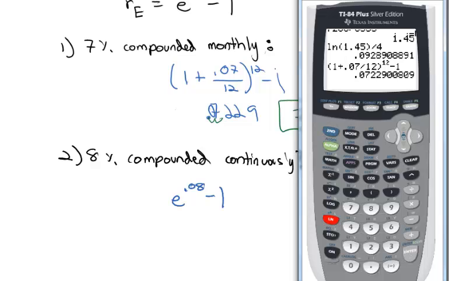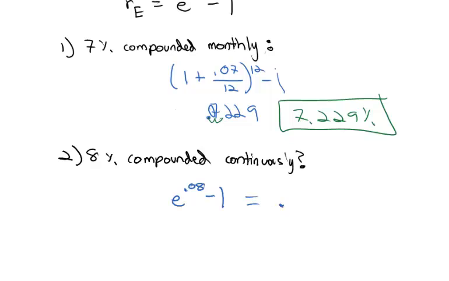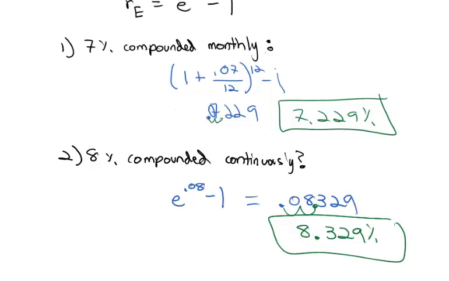The e we get off of second, ln, gives us the e to the 0.08, get out of the exponent, minus 1, and we find 0.08329. Move that decimal point twice, and we have an annual yield of 8.329%. Because it's compounded continuously, that interest on interest has earned an extra 0.329% return over the course of a year.